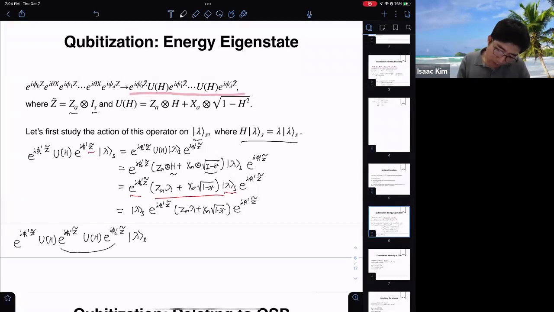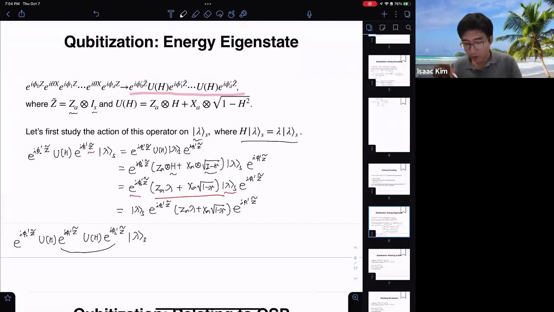Okay, so these angles have changed, phi 0 changed to phi 1, and phi 1 changed to phi 2. But you can still apply the same logic to this thing.